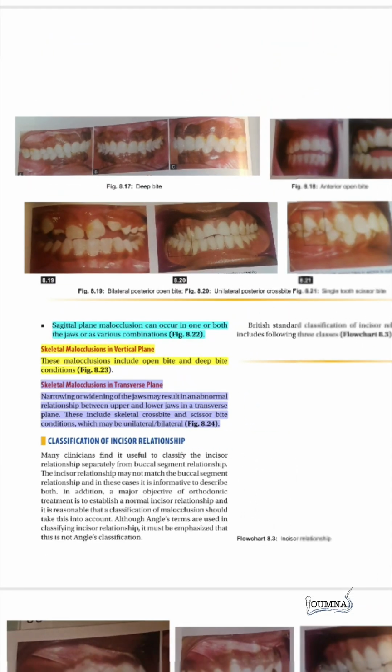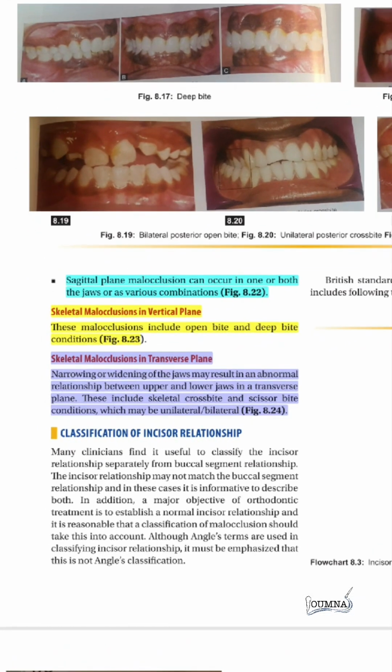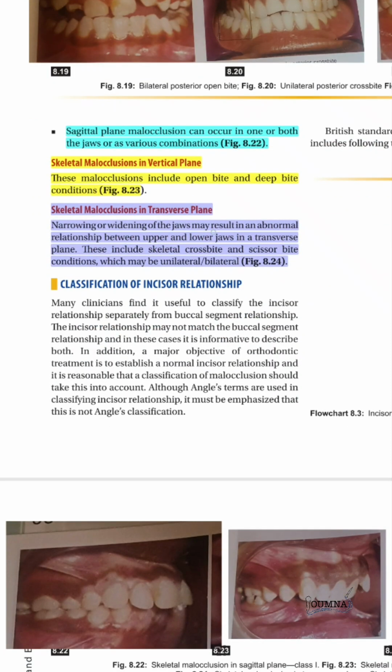This malocclusion can be dental, or it can be a skeletal malocclusion. So how is it classified when it is skeletal in origin? It is classified in the same way: we have skeletal malocclusion in the sagittal, the vertical, and the transverse planes.